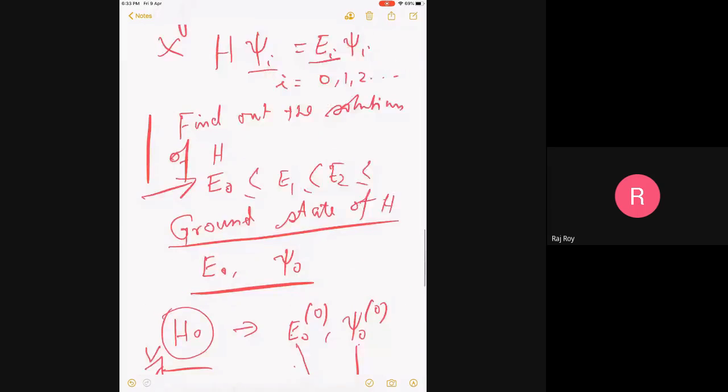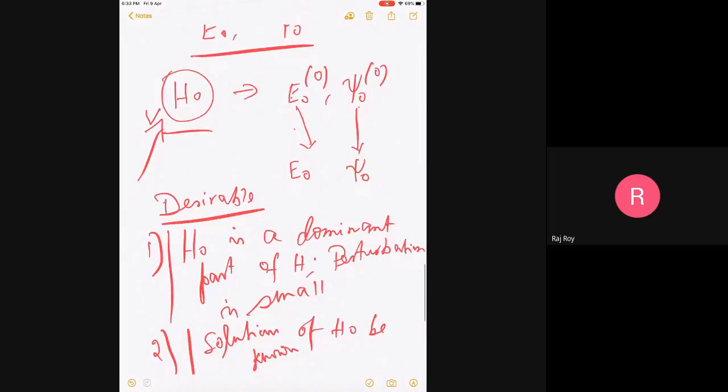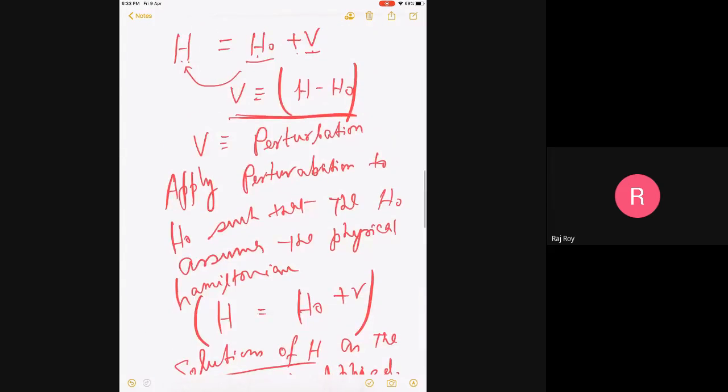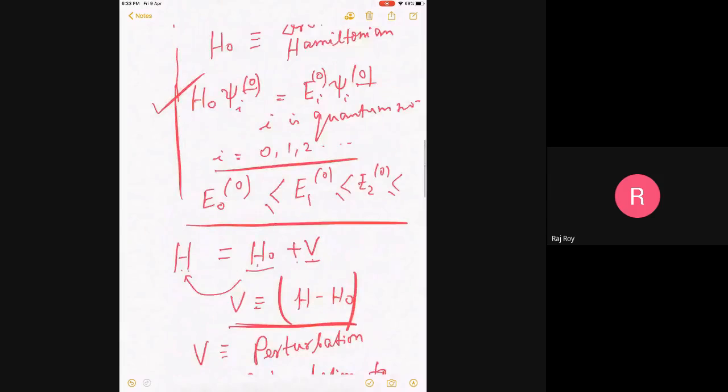The reason a small perturbation works is not just because E naught 0 seamlessly goes over to E naught and psi naught 0 goes over to psi naught, but also because you are perturbing a Hamiltonian. If you perturb the Hamiltonian by a large amount, with a large operator, then your initial condition itself was so bad that, as you will see, perturbation theory, which is a mathematical way of reaching the solution, will make it very difficult to reach the solution.